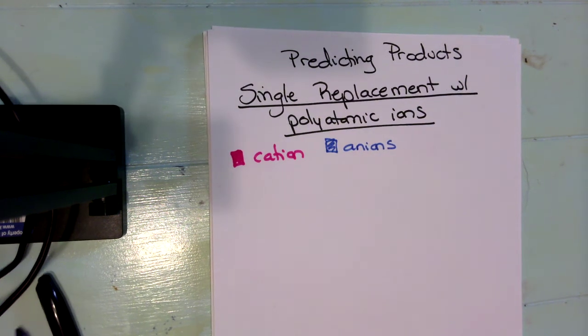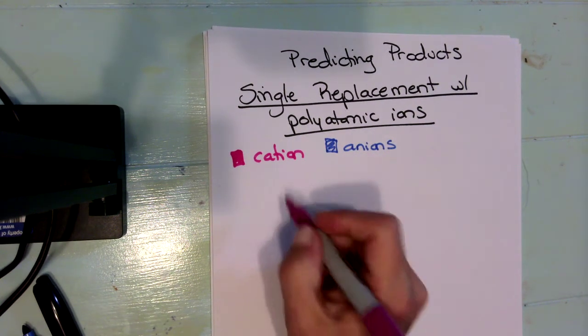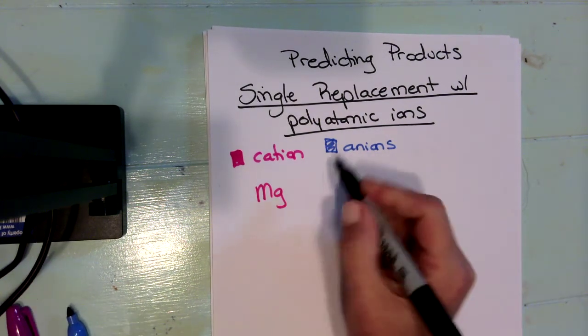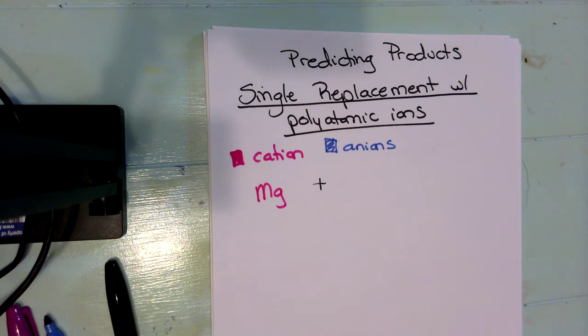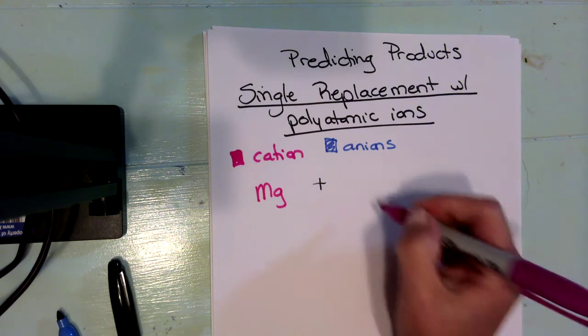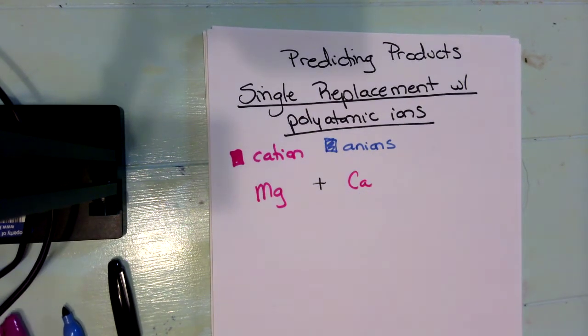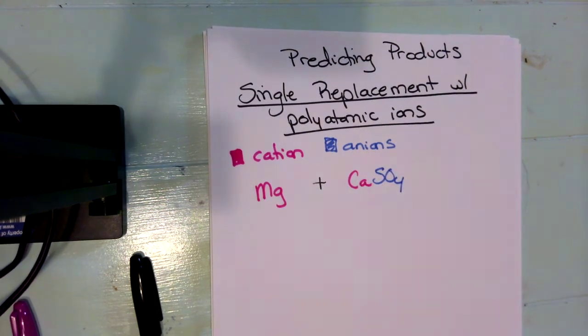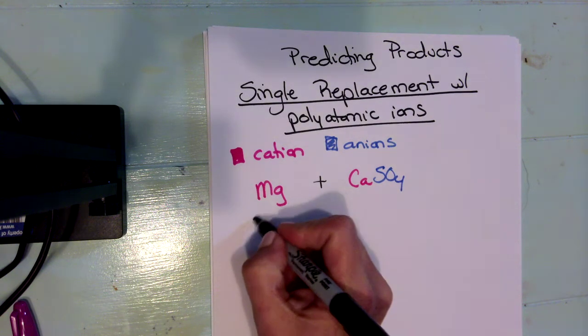So if we have Mg, and let's say that is going to go with CaSO4. Again, just like we did before, we're going to look at what's by itself.